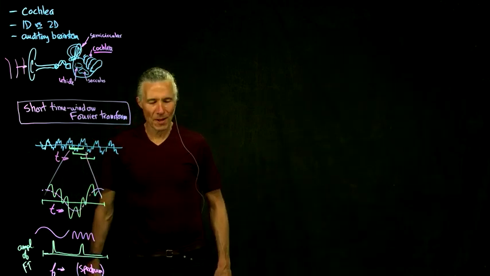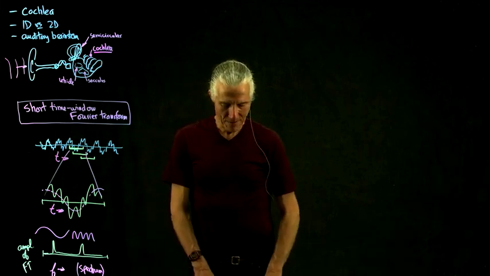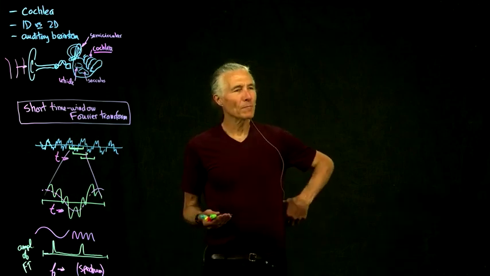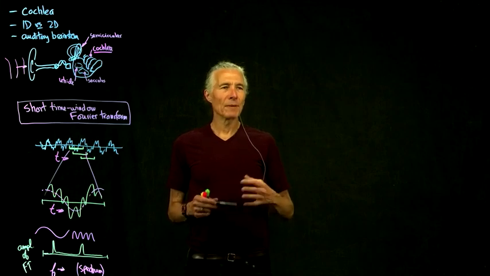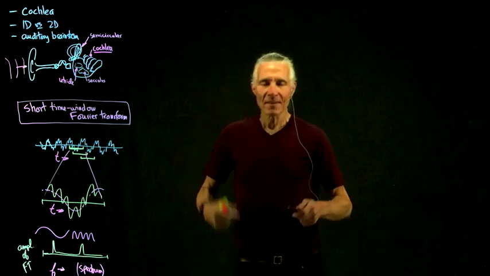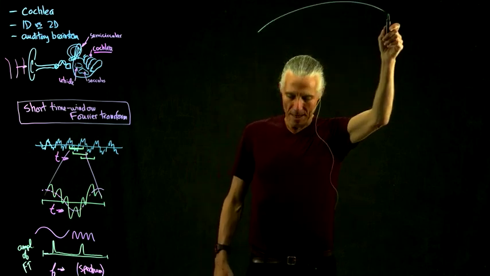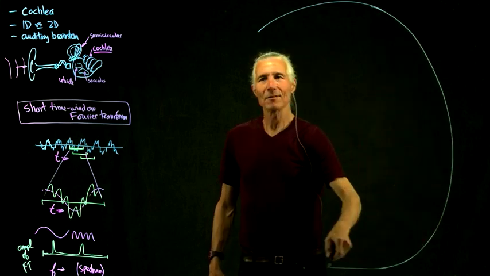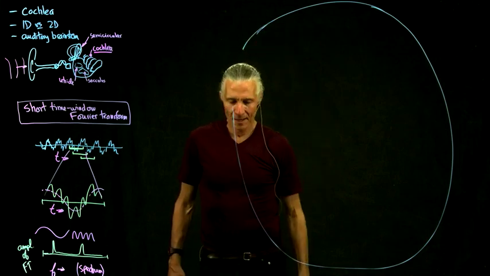So how does it do that? It mainly does that, in a mammalian cochlea, with mechanical tuning. And so what is the mechanical tuning? Let's draw a nice big cochlea. Okay, so you got a big cochlea.